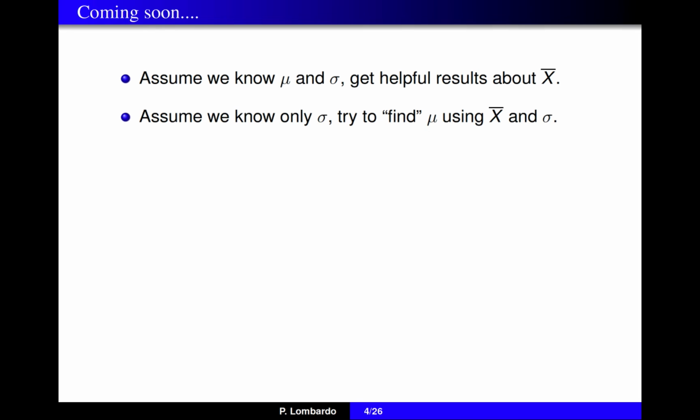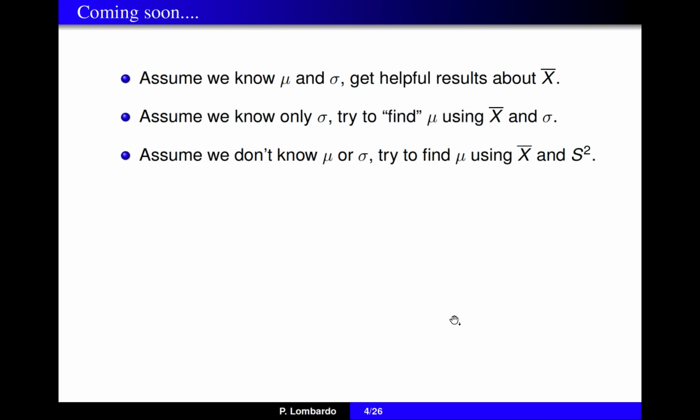After that, we're going to assume that we only know the standard deviation for that underlying normal distribution, and we're going to use some of the results from today to try to find, in quotes, mu using just X-bar and that standard deviation. This technique is going to be using a confidence interval, and we'll talk about that on Wednesday.